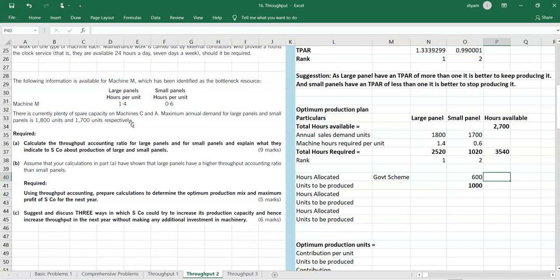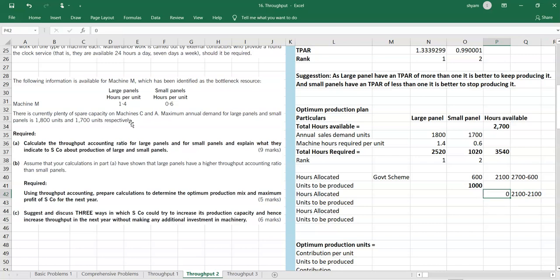So totally we have 2700 hours minus 600 hours, which will give us around 2100 hours. Okay, so first we have to allocate 1000 units to the government scheme, then only we can produce for the balance. So the balance that we have is 2100 hours.